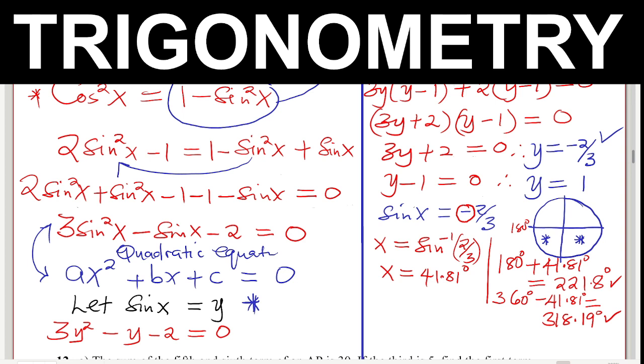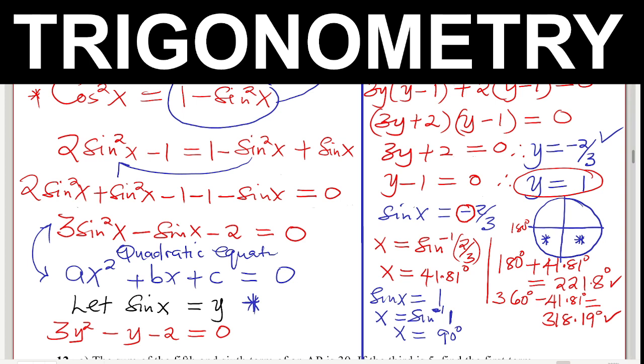So those are the only two angles you can get. Now we go to the other solution. The other solution is y is equal to 1. Remember, y was sine x. So the other one is sine x is equal to 1. Now we need to ask ourselves, which angle has a sine of 1? So x will be given by sine inverse of 1, and this gives 90 degrees.